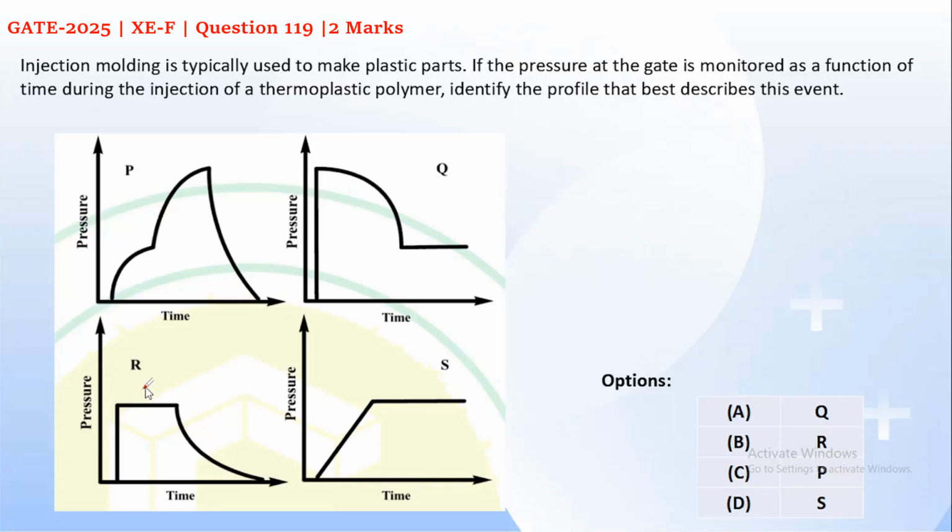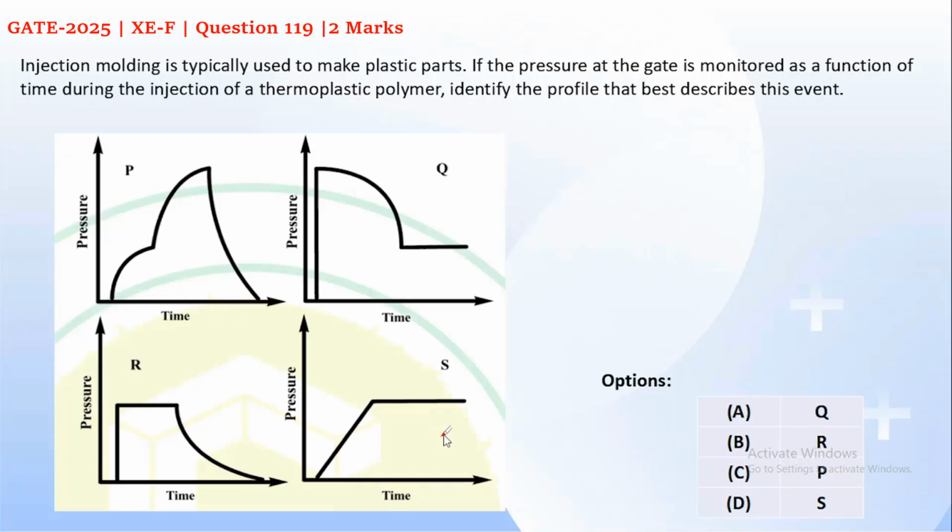In R, an initial high plateau is there, then monotonic decay, that means no filling ramp or switch spike. In S, it ramps up and then a long constant plateau is there, showing filling, then constant hold, but it lacks the characteristics of switchover peak and subsequent decay.